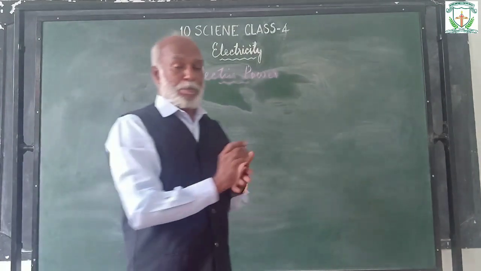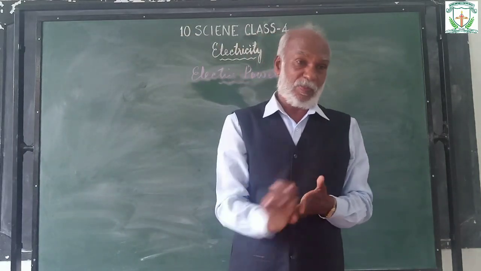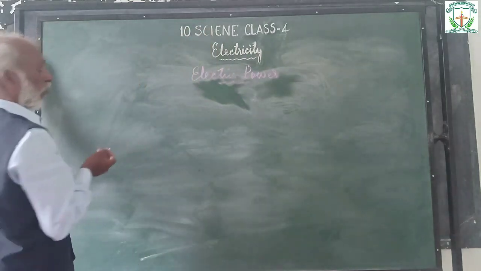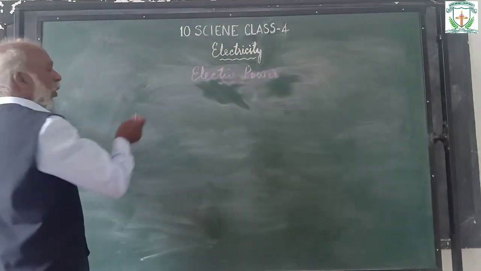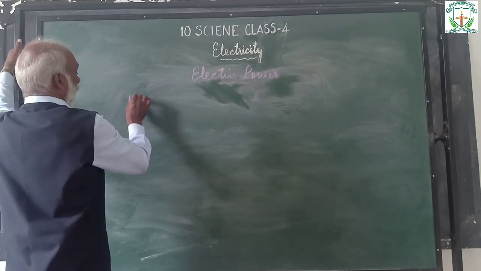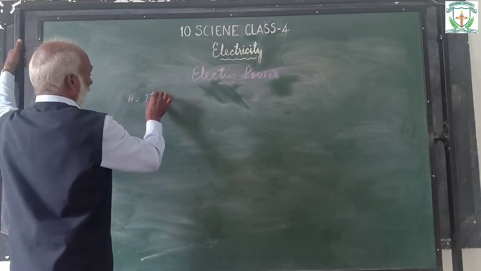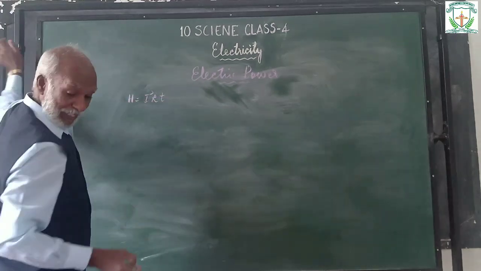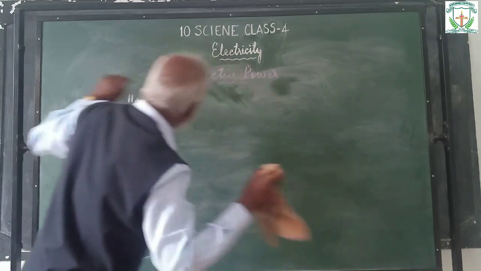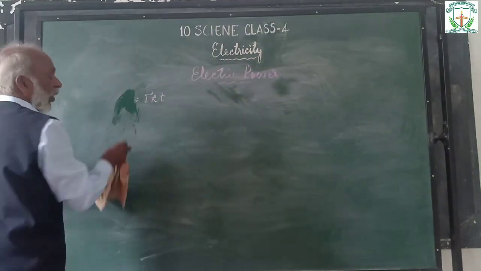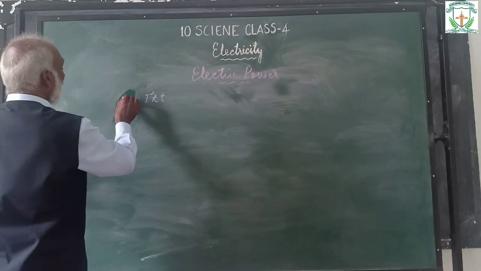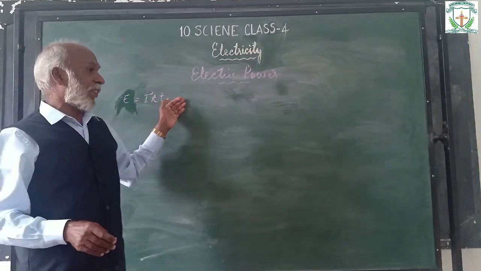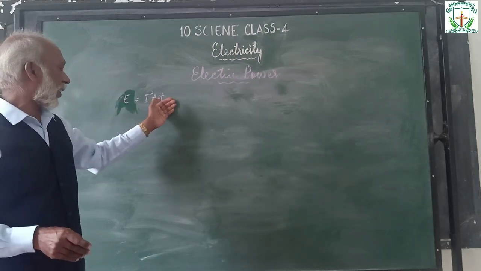Power and energy are closely related. So from Joule's law, H is equal to I square RT. This heat developed is nothing but energy. Heat is a form of energy, no? So instead of H, I use E. So electrical energy is I square RT.